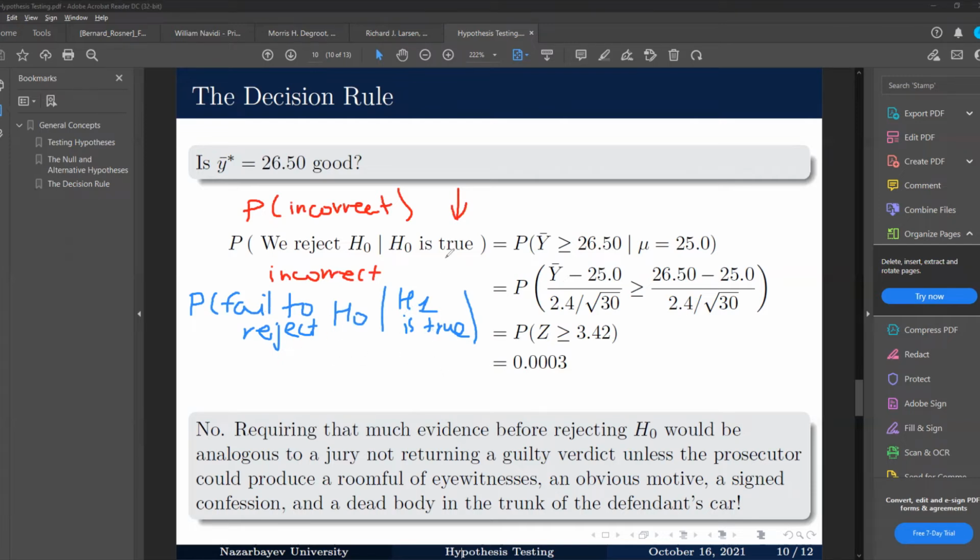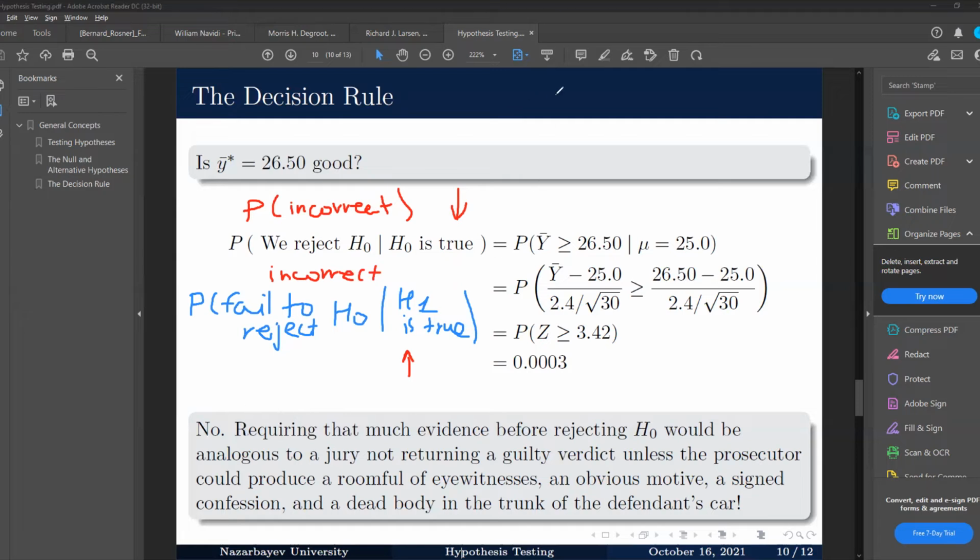However, when we decrease the probability of rejecting H naught when H naught is true, we are going to increase the probability of failing to reject H naught when the alternative hypothesis is true. So we'll see when we get to the section on power of a test that there is always a trade-off. We cannot pick a very small value for that, since it will drastically increase the probability of this incorrect decision.